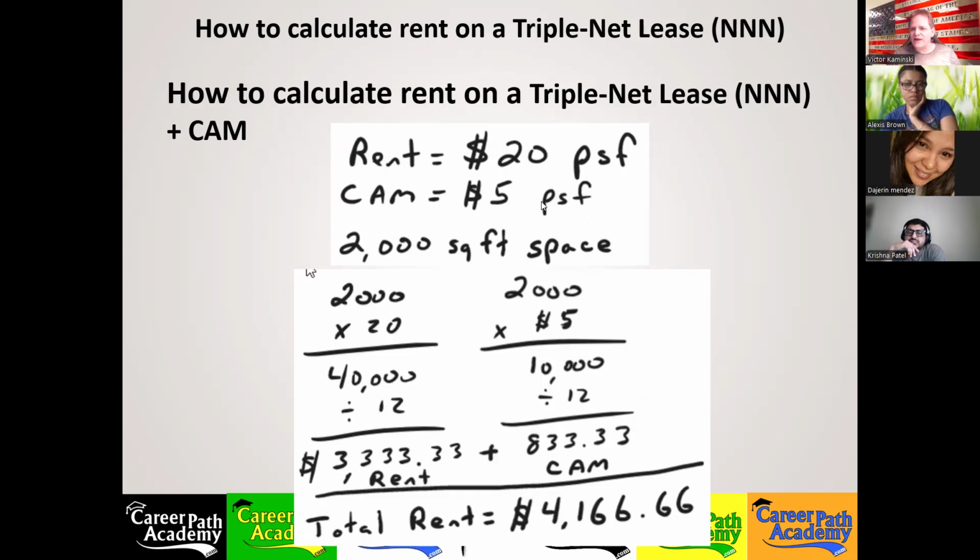CAM charges can vary month to month. So you should want a clear picture of how much your monthly rent is, and then a clear picture of how much those property expenses are.